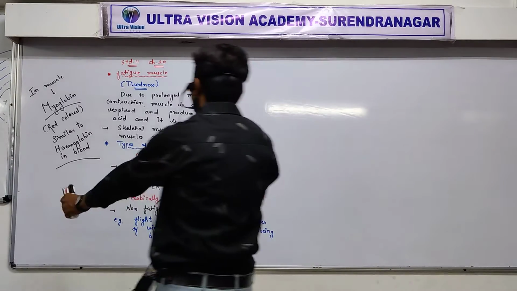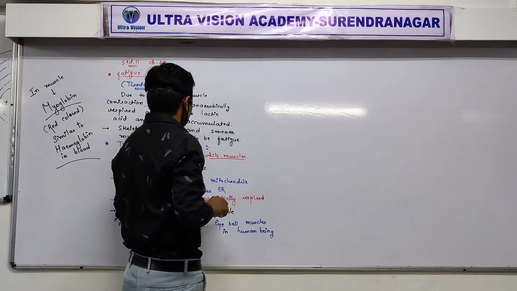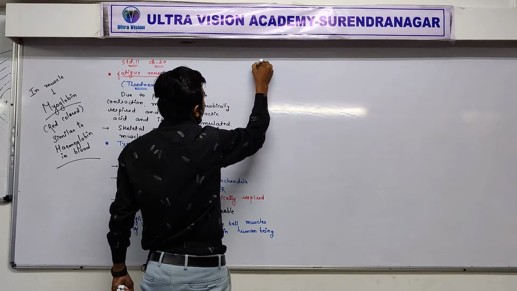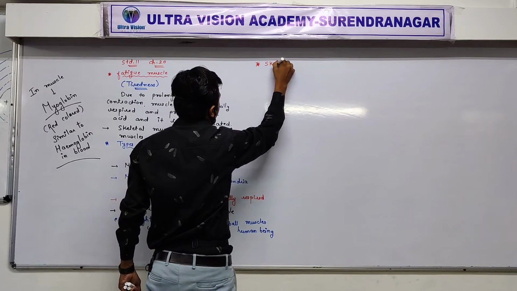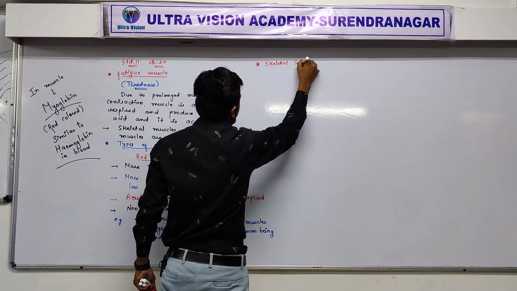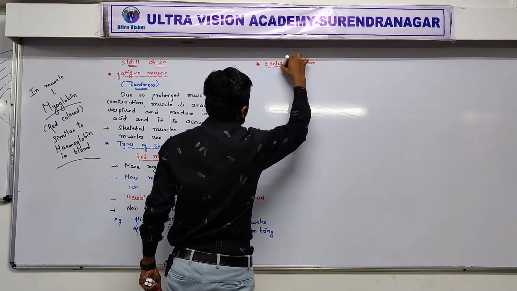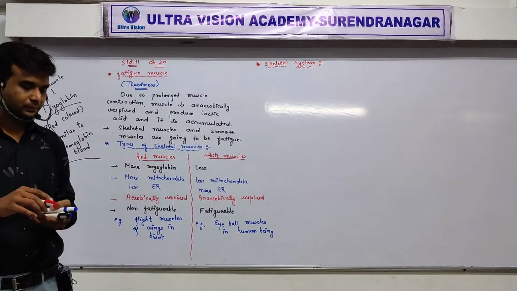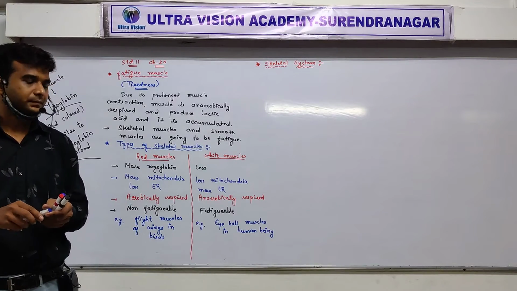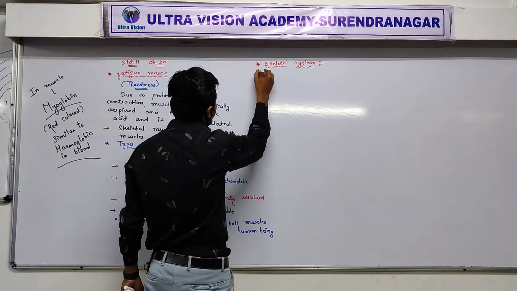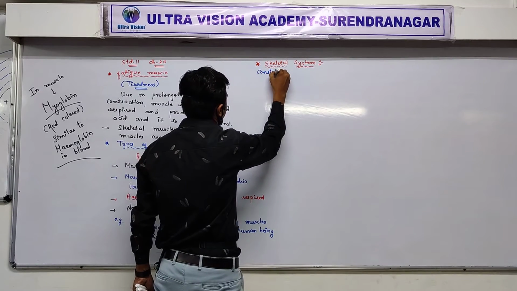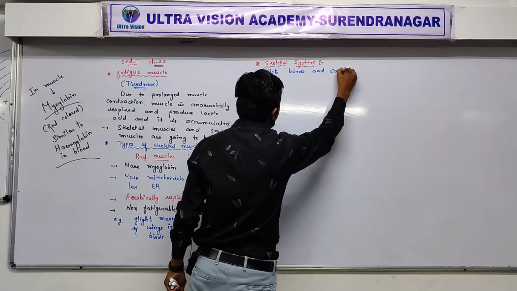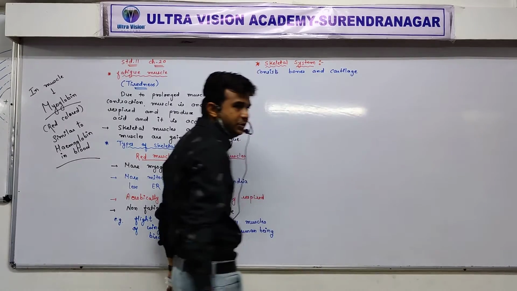Chalo, 5. Skeletal system. Skeletal system consists of bones and cartilage.